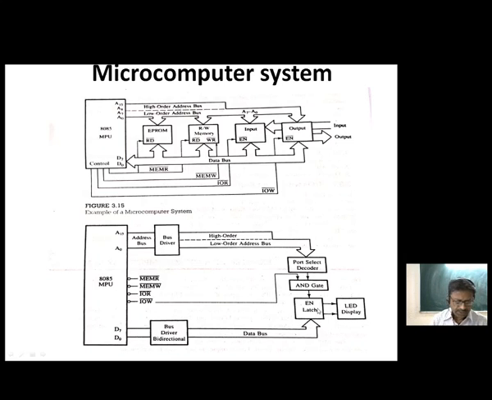All these devices, bus drivers, ports, decoders, latches, are called the interfacing devices. What is the meaning of interfacing devices? Through them the microprocessor is able to communicate with external resources. As I have already told, in the human body we have hands, legs, eyes, ears.